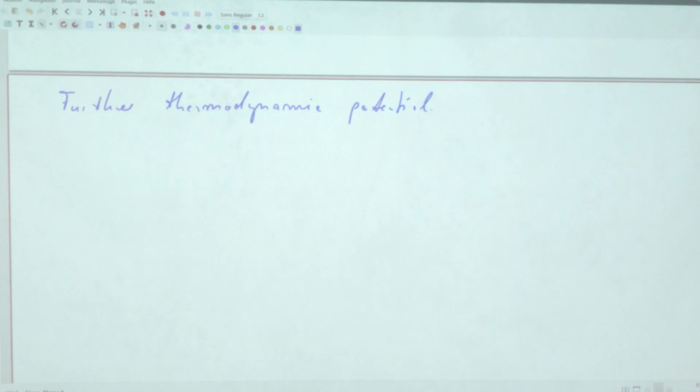So internal energy is typically a potential energy, but also free energy, Gibbs free energy, and so on. So that's why we use this term. I'm not sure whether it's adequate. So we already came across the internal energy.